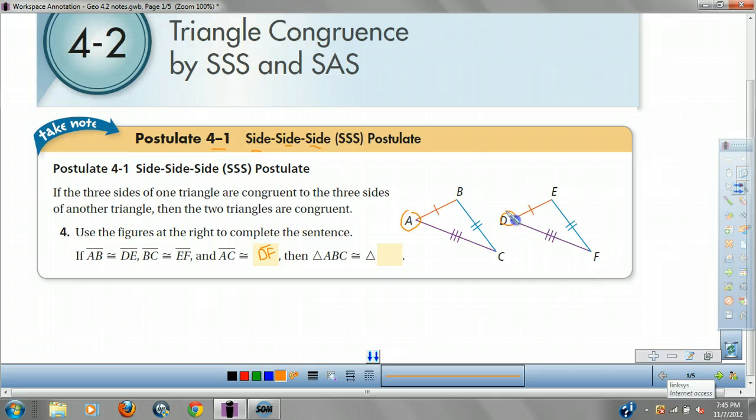A matches up with D, B matches up with E, C with F. Okay, now I could also say angle A is congruent to D, B to E, and C to F, but we'll save that for a different day.